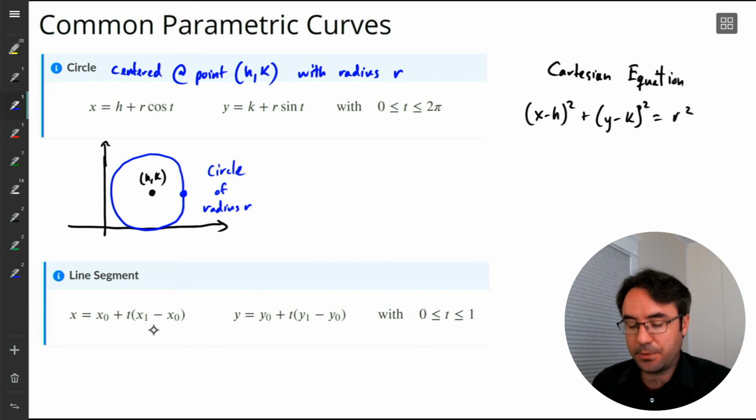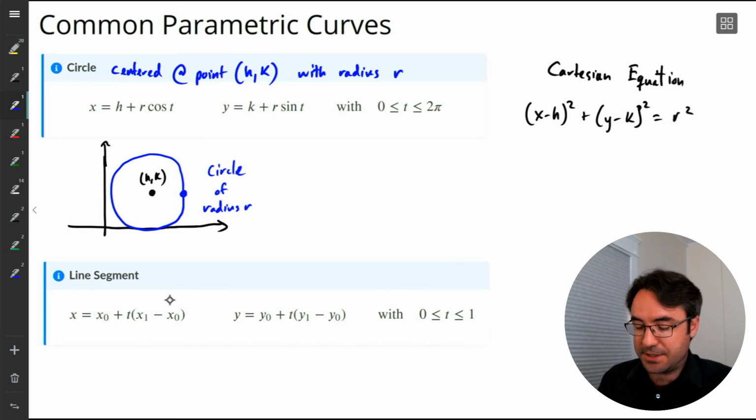Now, we also want to work with line segments a lot of times. So a common parameterization for a line segment is x equal to x0 plus t times (x1 minus x0), and y is equal to y0 plus t times (y1 minus y0), where t goes between 0 and 1.